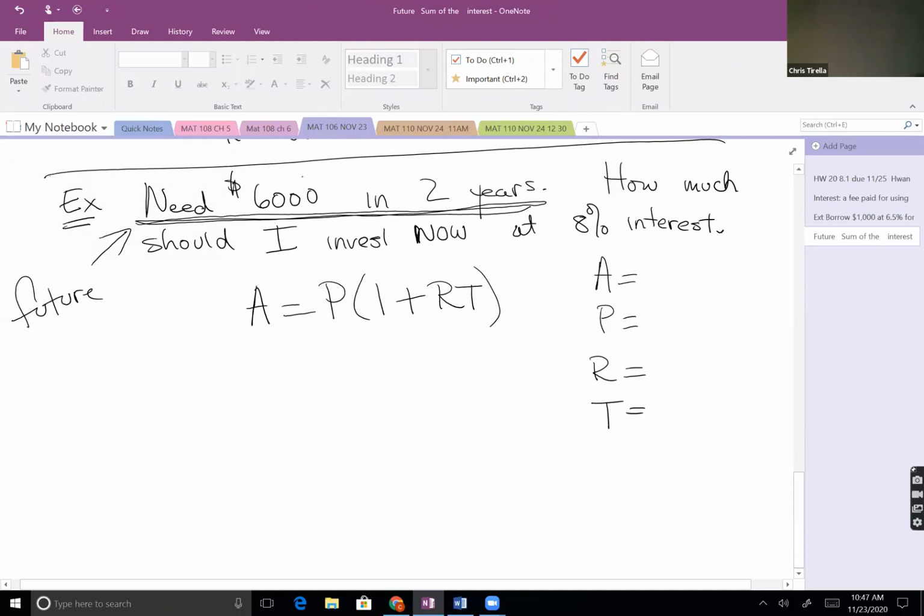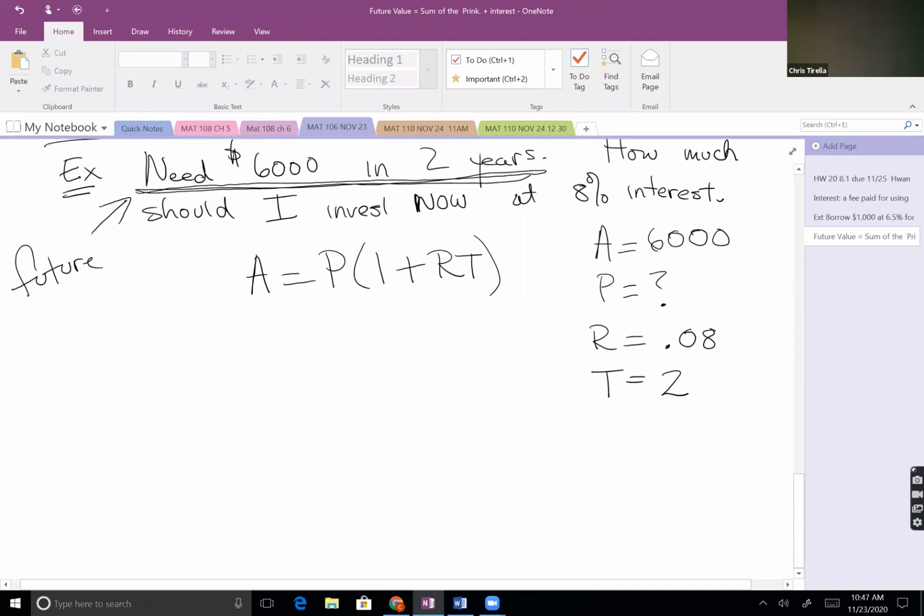Is that $6,000 the money I have now, or is that future? No, it's A. And we're looking for P. That's what we don't know. Our rate, 8%, is 0.08 as a decimal, and our time is 2 years.